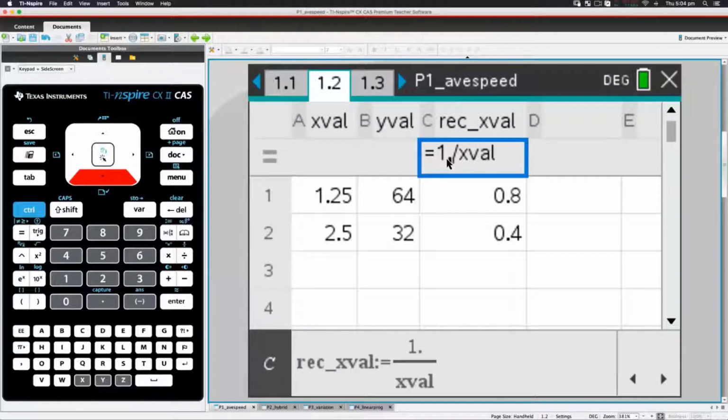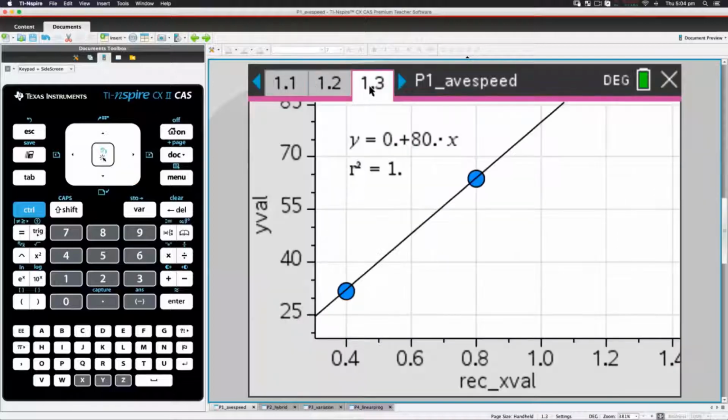Okay. In the related exam question, you had to graph this, that is the average speed versus 1 over time, and complete that on the exam paper.